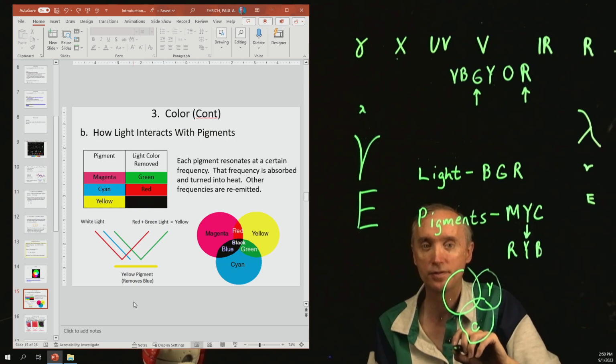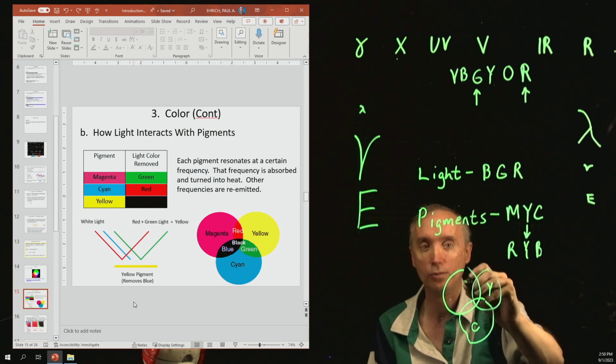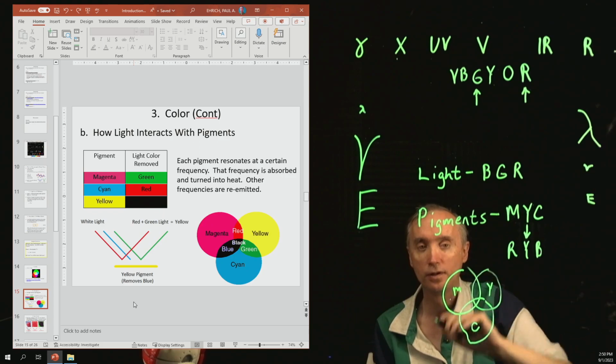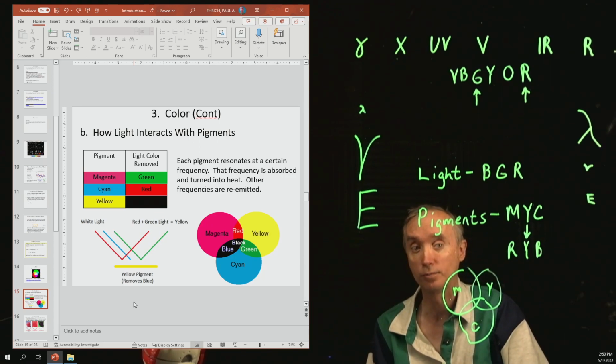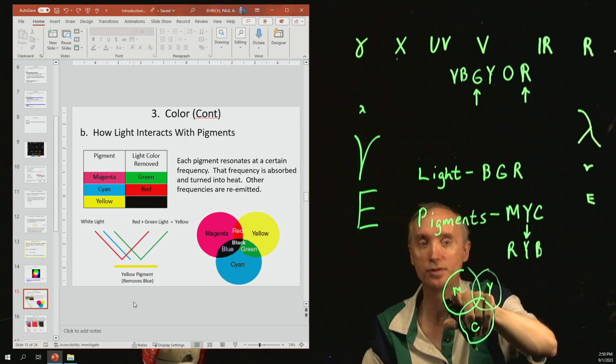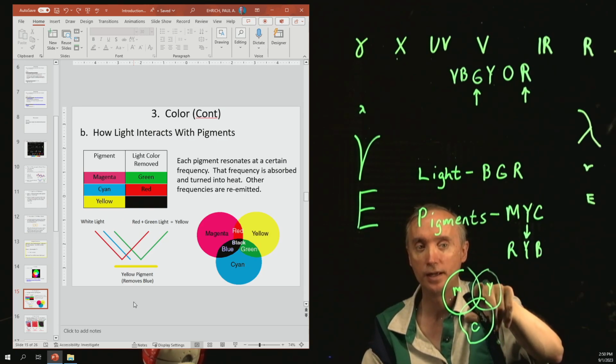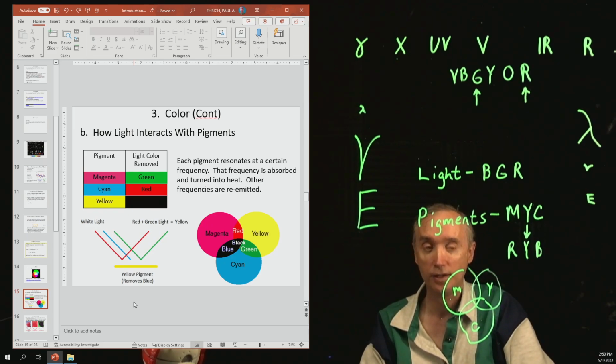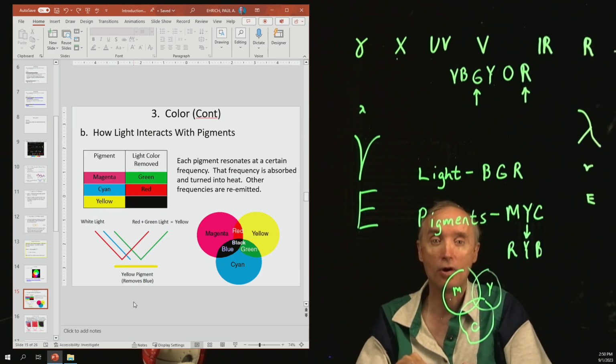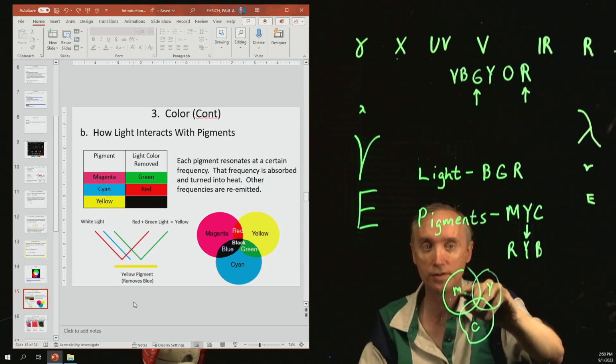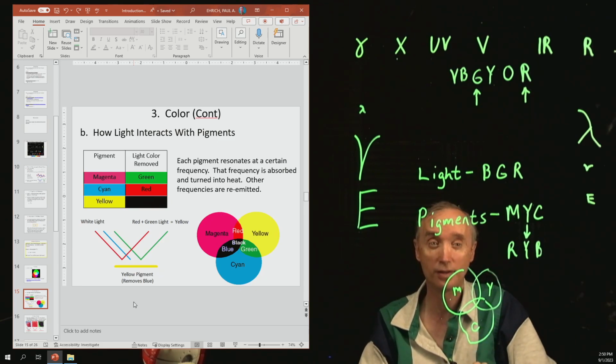Okay, what happens if you mix cyan with magenta? Then you end up with the color blue. And then finally, what happens if you take magenta and yellow and you add them together? Then you get the color red. Now, what happens if you add all of those colors together? You take equal amounts of magenta, yellow, and cyan, and you put it together.